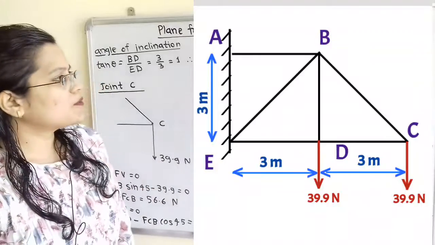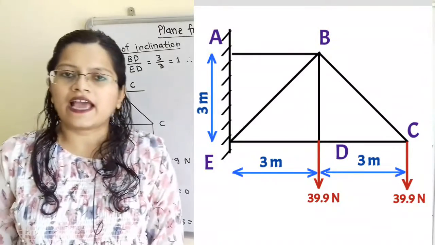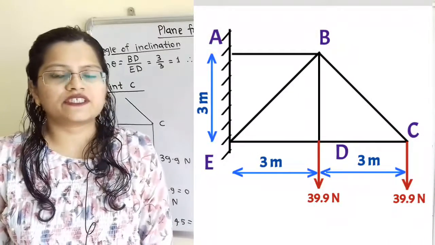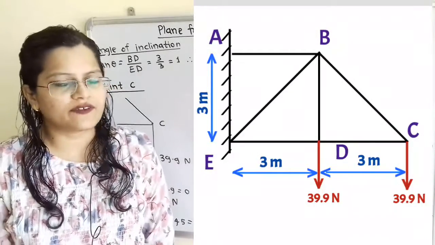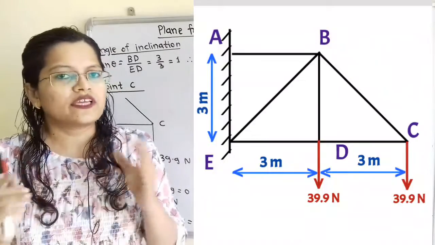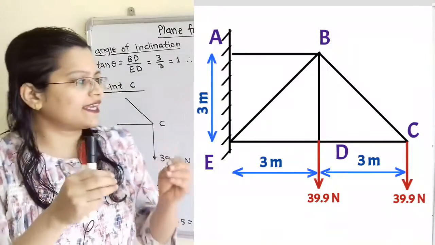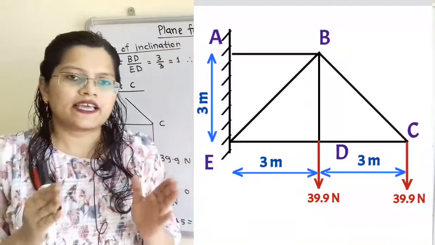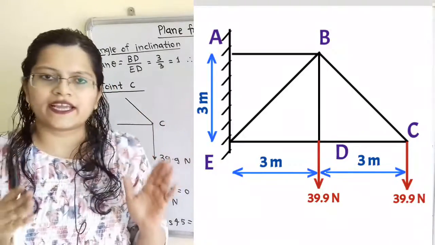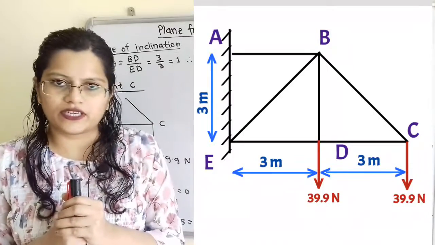But these 2 points A and E are having fixed surface. So there is the reaction which is perpendicular to the surface. So these reactions are also unknown. So if we select the joint A as well as joint E, then we have to first find out the reaction at point A as well as reaction at point E.